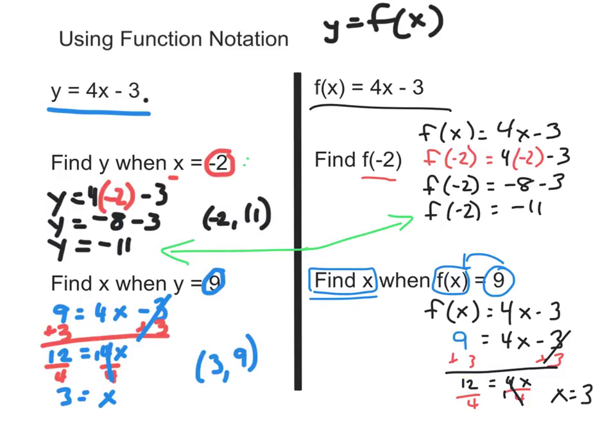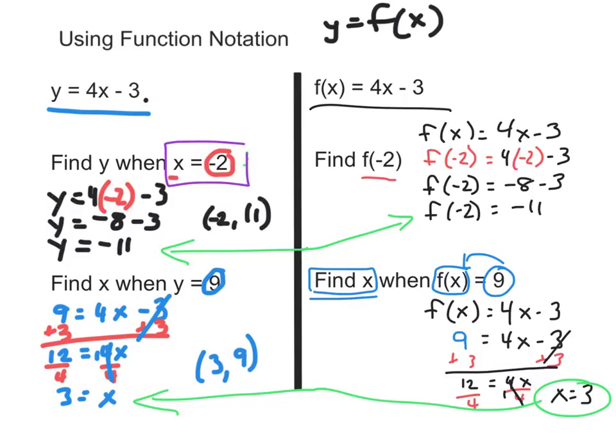Again, I want to point out to you that this answer here is the same as this answer over here, x equals 3. So when we know that x equals negative 2, that's the same as saying what is f of negative 2. And down here, when we know y equals 9, that is the same as saying f of x equals 9.